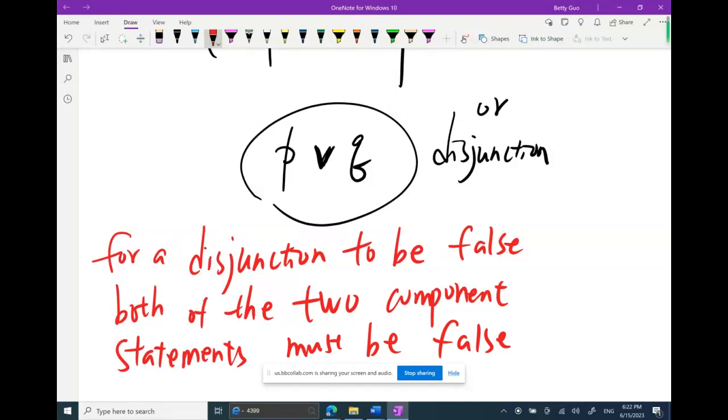There's only one case in which a disjunction is false, and that is when both components are false.